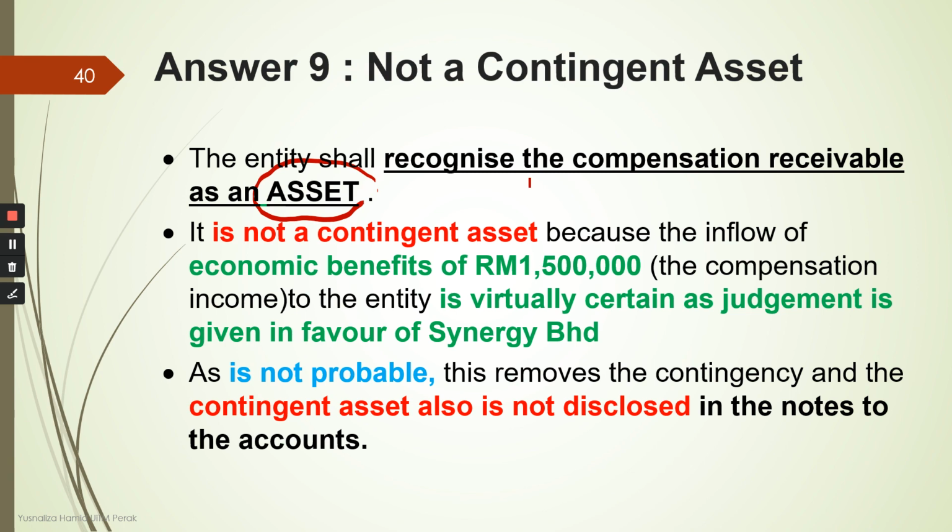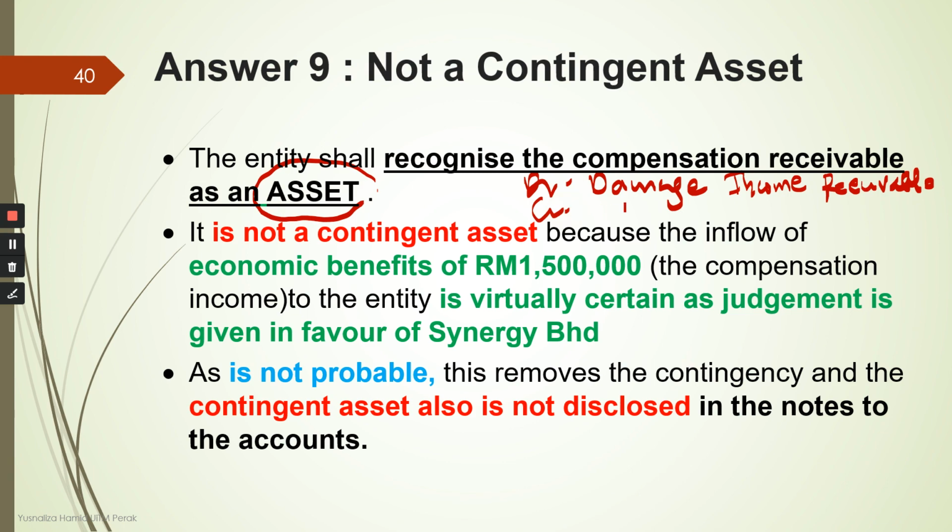So you can debit, they ask for damages, so debit damage income receivable, because you are going to receive it. Yeah, you have not received it, but you have earned it.